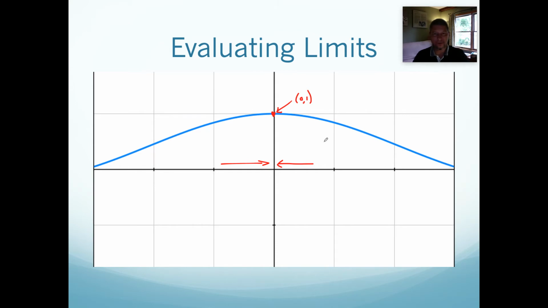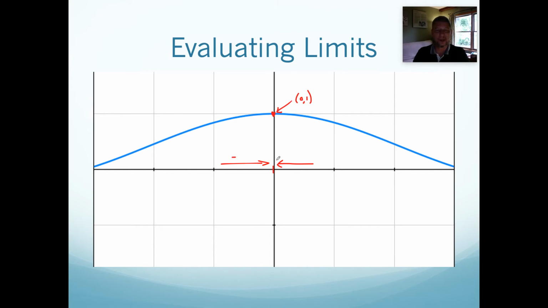Questions or issues or difficulties with this? All right. So before we move on to the next topic, what I do want you to realize is that in every one of these examples, especially the ones that I've done with graphs, I've drawn these arrows along the x-axis as x approaches 0 from the left and as x approaches 0 from the right.